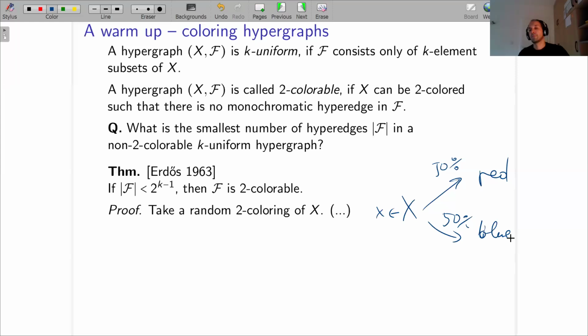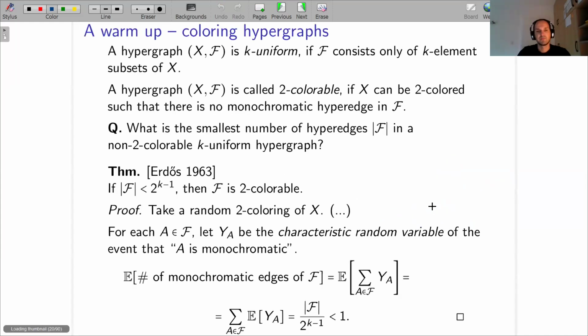And we do that for every element independently. So this coloring we are trying to study, and see what is the probability that it is going to be a proper coloring. So is it going to have a monochromatic set or not?